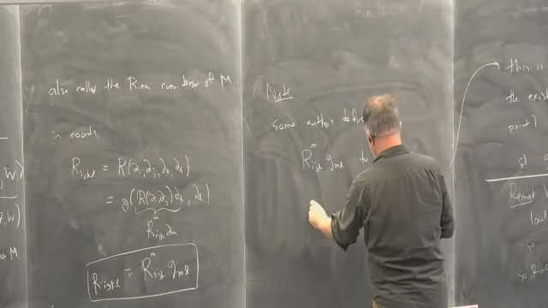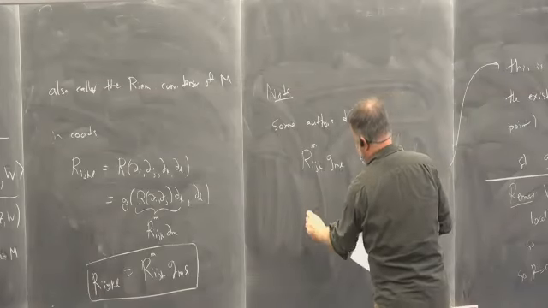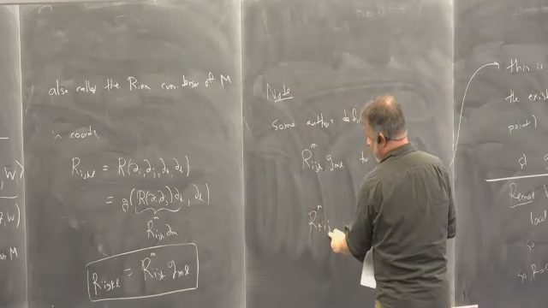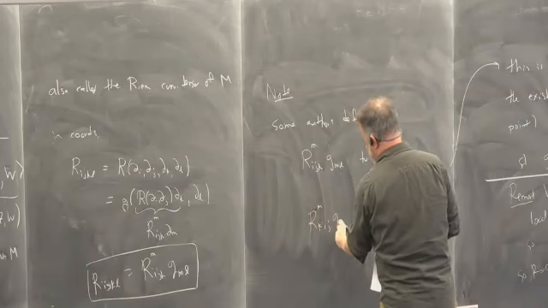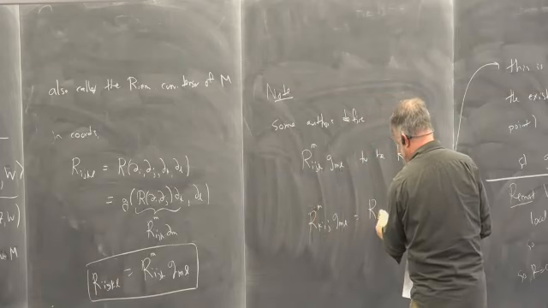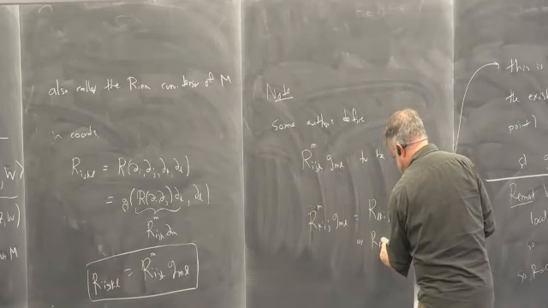Or they might write R K I J M, if they're writing the skew part at the end, and then they lower it, they might lower it to the front, or they might lower it afterwards.